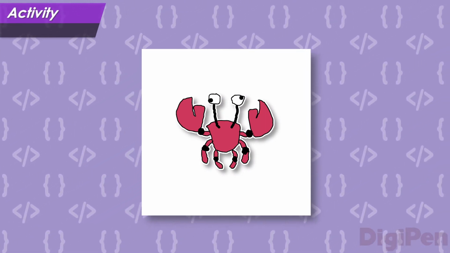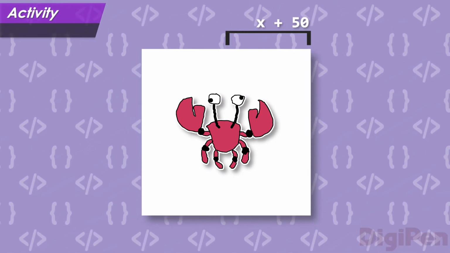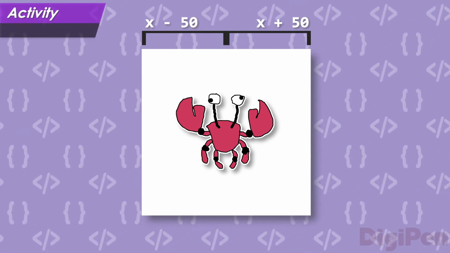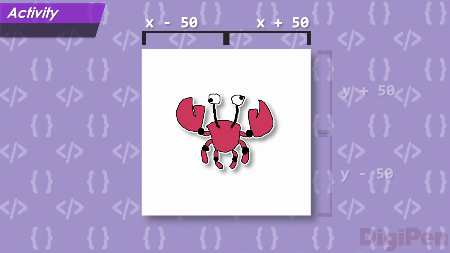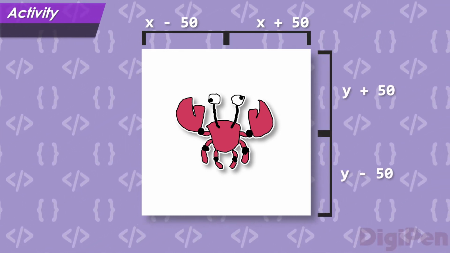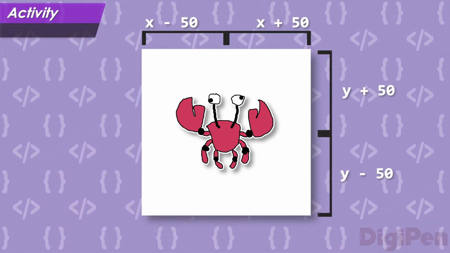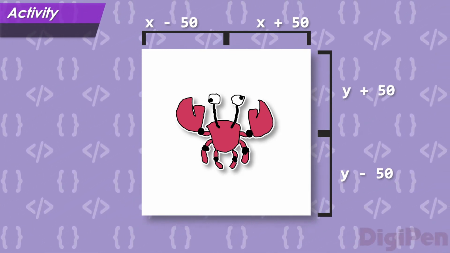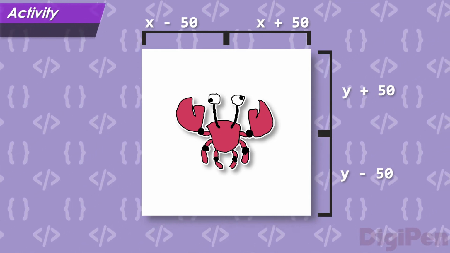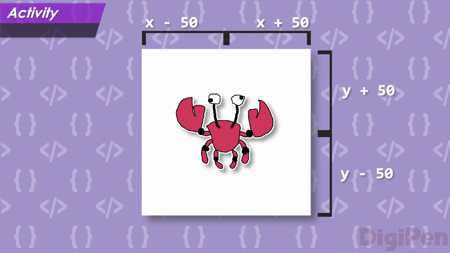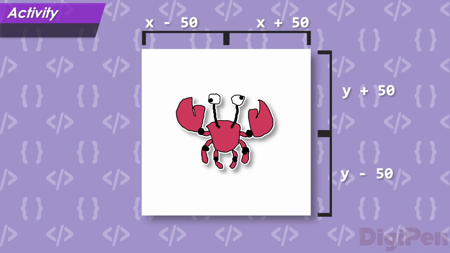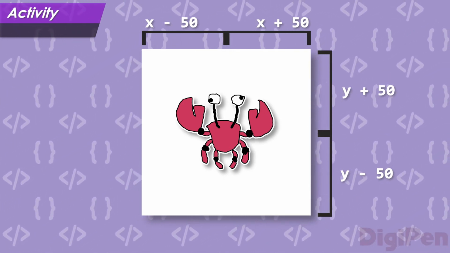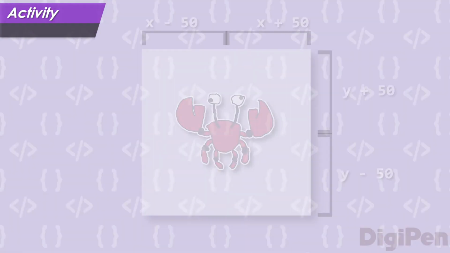The right edge of this square is the enemy's X position plus 50, and the left edge is their X position minus 50. The top and bottom are the enemy's Y position plus and minus 50. If we pick a random number between negative 50 and positive 50, and add it to the enemy's X position, and pick another random number in the same range, and add it to their Y position, then we'll get our destination.